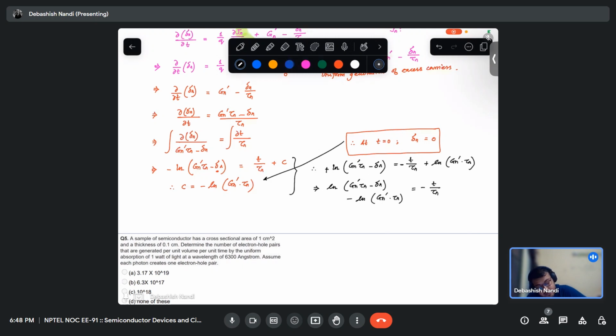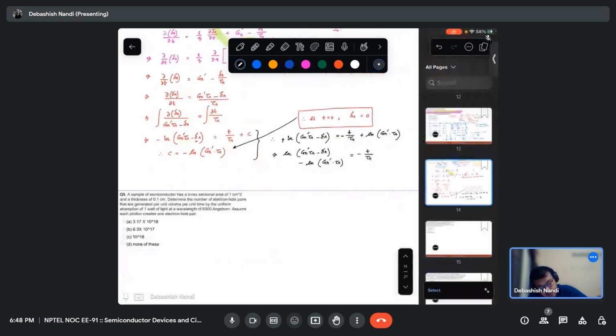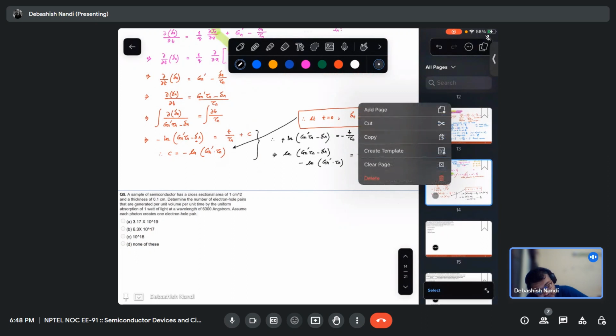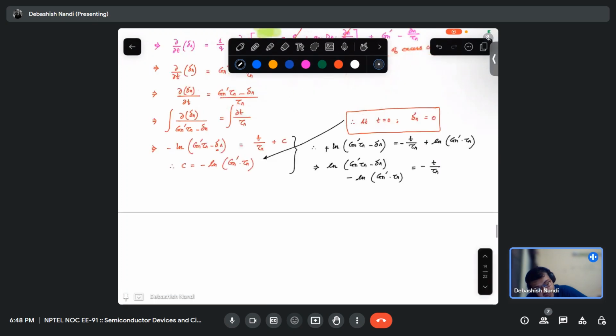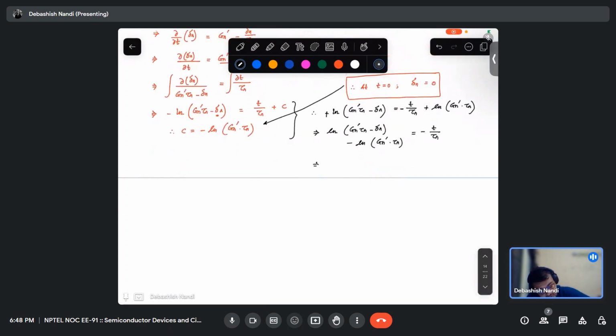So ln of [(Gn dash tau n minus delta n) over (Gn dash tau n)] equals minus t over tau n. Taking the exponential, Gn dash tau n minus delta n equals Gn dash tau n times e to the power minus t over tau n.